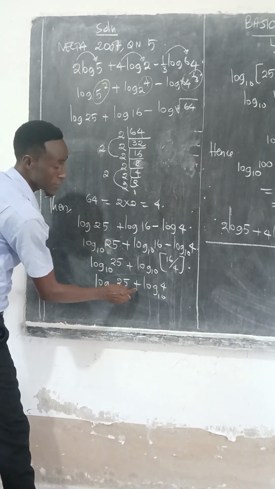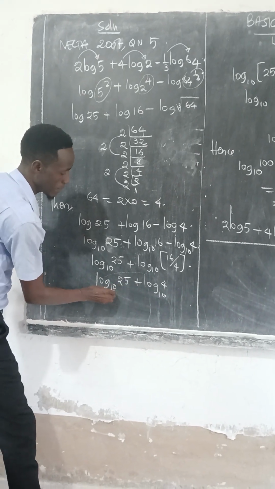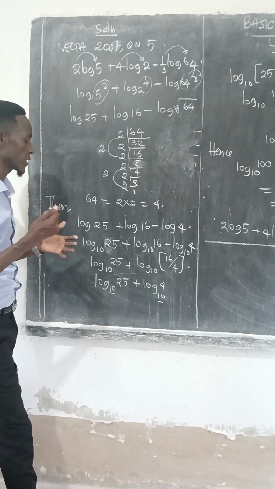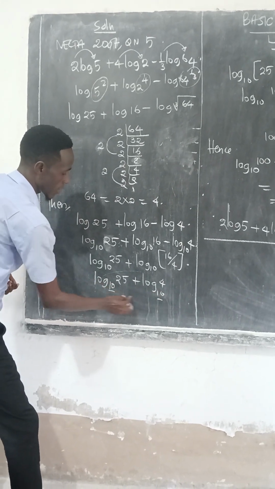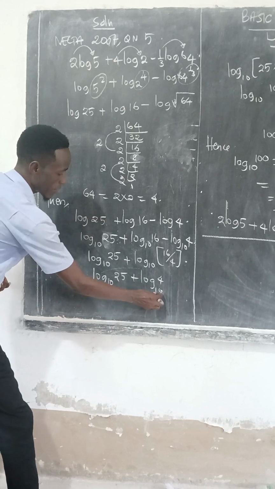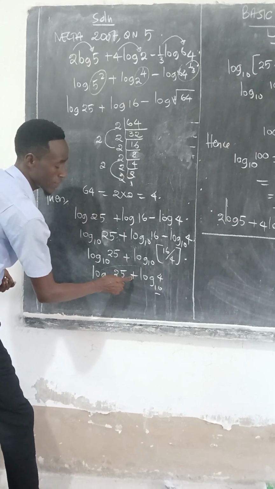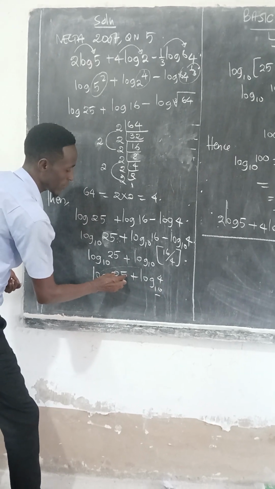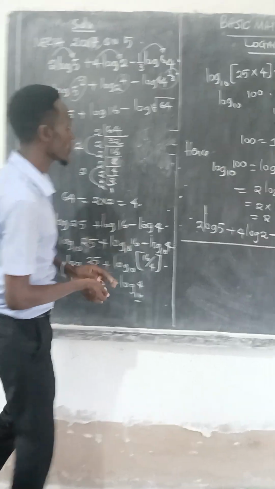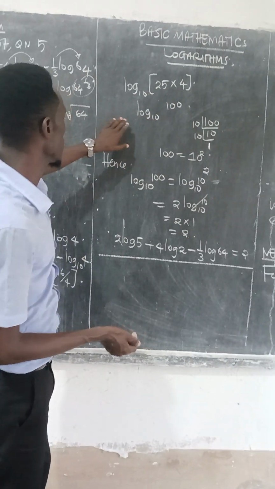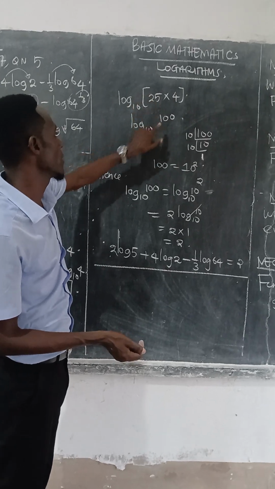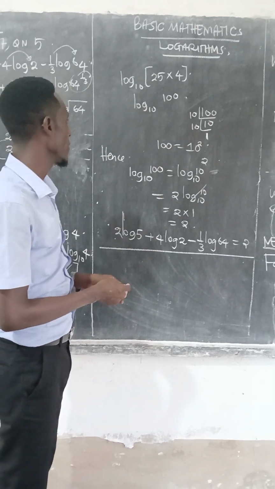So you have remained with the positive. Having the same base, use the product law. Because you have plus, just multiply 25 times 4, you get 100. So the logarithm will be logarithm of 100, base 10.